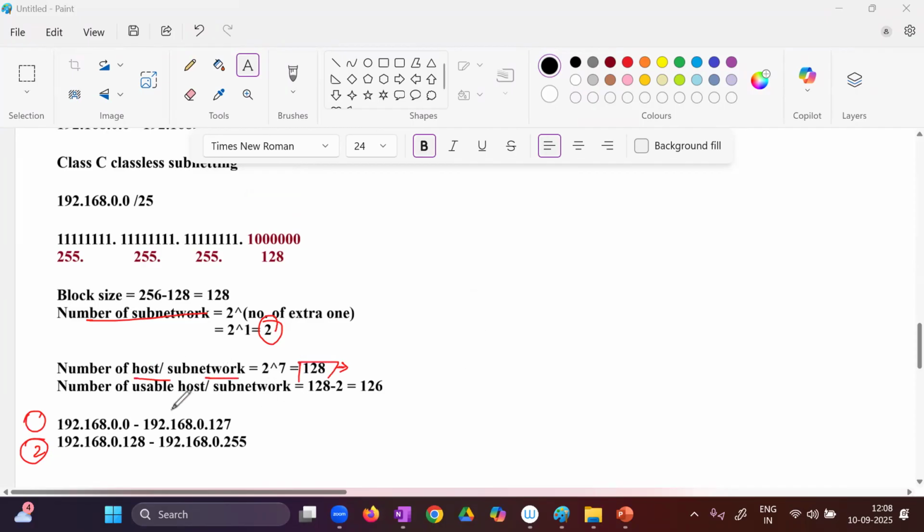The range is 128, starting from 0, ending at 127. But I cannot use this, it is the network address. I cannot use this, it is the broadcast address. So I will get 126. Each subnetwork will have a network and a broadcast address.